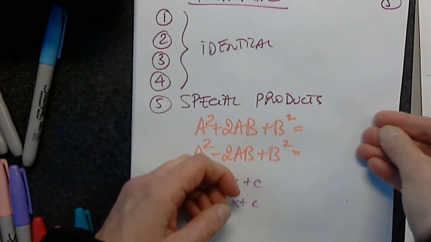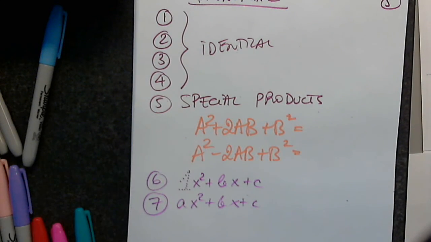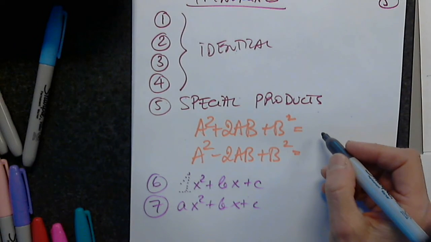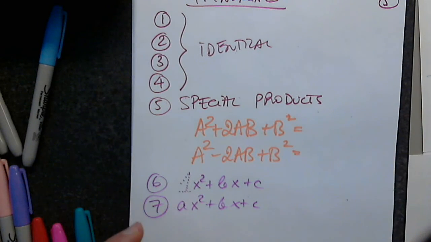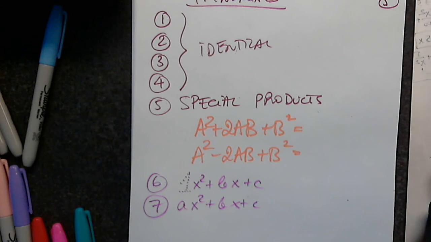What is this? Special products? Yes. Which one? So what do I write for the first one?